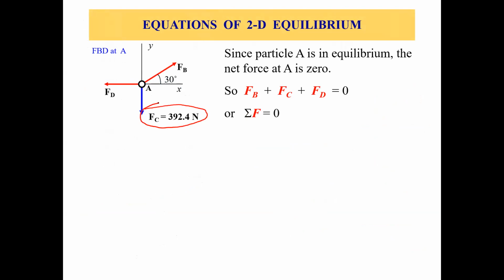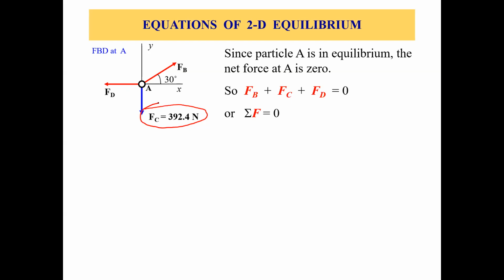Since particle A is in equilibrium, the net force at A is 0, okay? So what does it say? As we are dealing with static problems, we know that this particle or the system is in static equilibrium. So once this whole system is in static equilibrium, then point A is also in static equilibrium. And once point A is in static equilibrium, then we can just say that the net force at point A or particle A is 0, right?